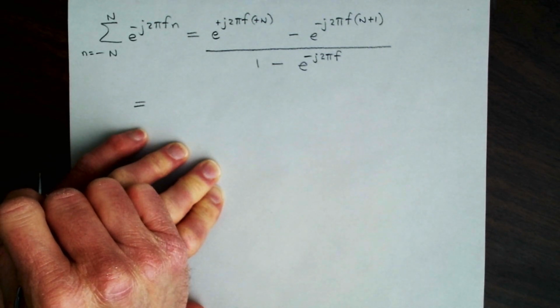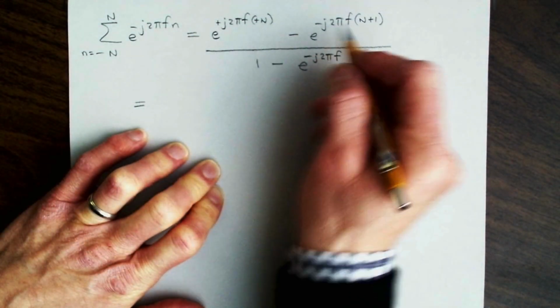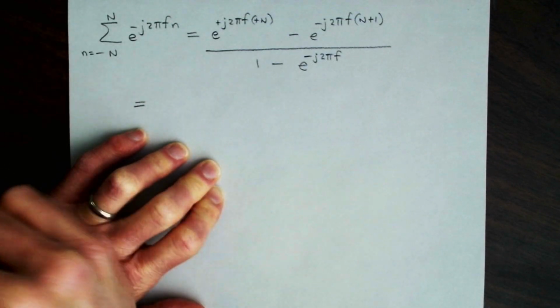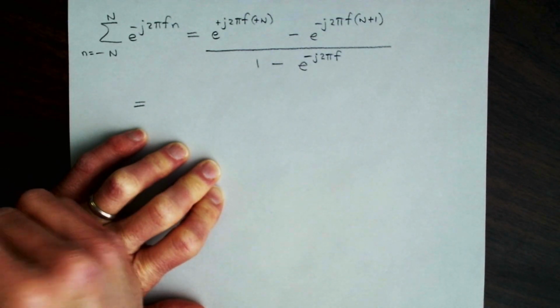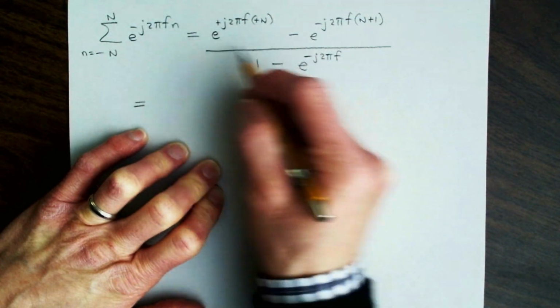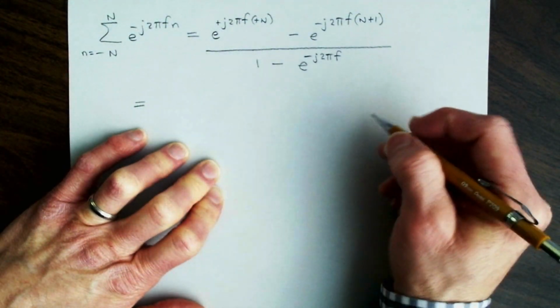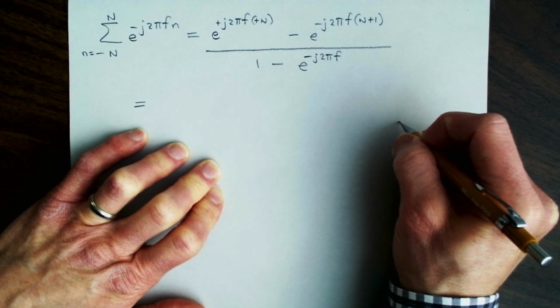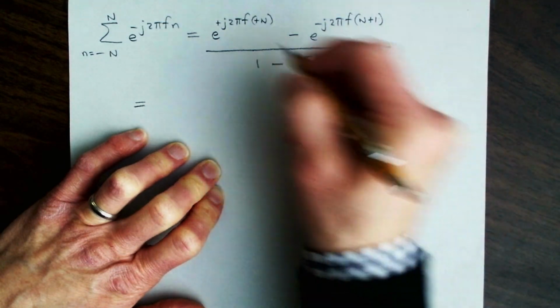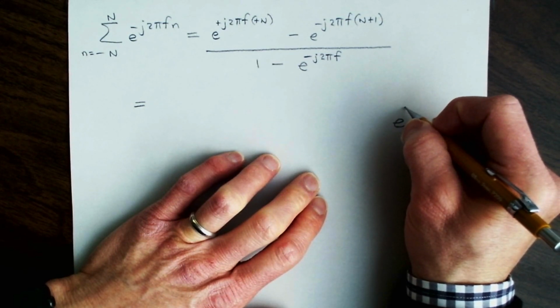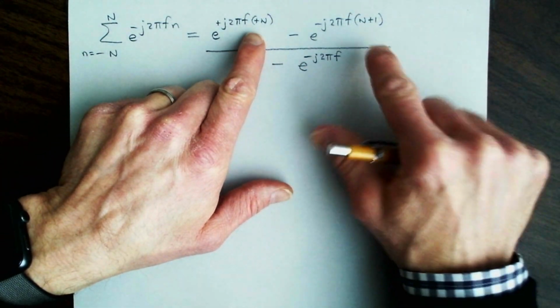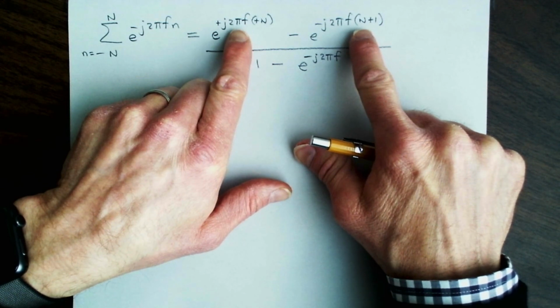The trick that we're going to use is to get symmetry in our exponents so that the sine function will emerge. The trick is that we're going to factor out of this difference an exponential whose argument is the average of these two exponents. So we'll have e to the, let's see what happens when we compute the average of these two arguments.